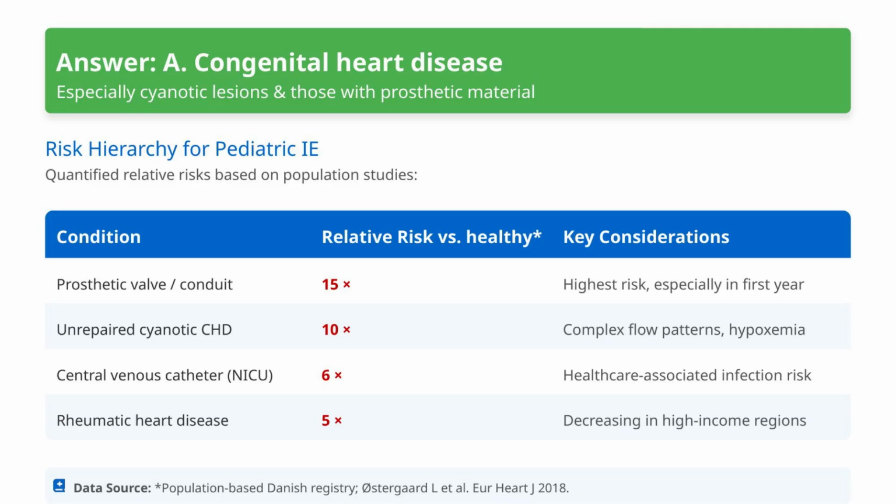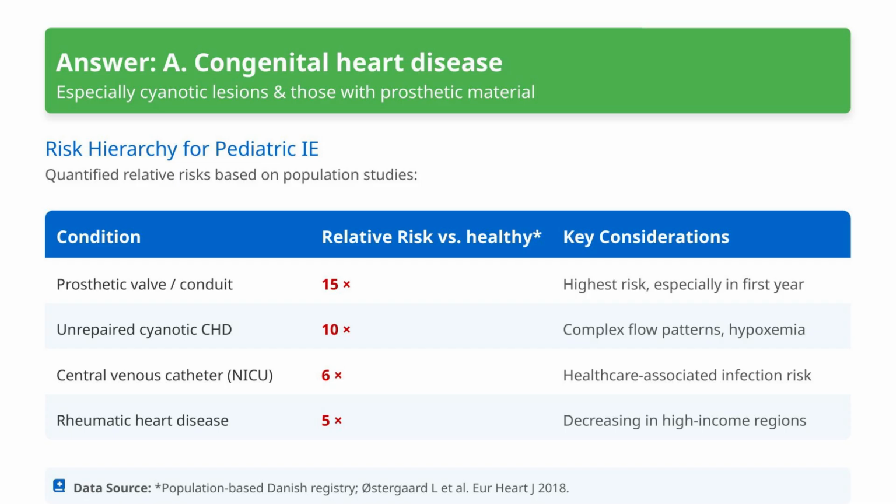The correct answer is A. Congenital heart disease, which carries the highest relative risk for pediatric infective endocarditis. According to population-based studies from the Danish registry, prosthetic valves or conduits increase the risk approximately 15 times compared to healthy children, making them the highest risk subgroup within congenital heart disease. Unrepaired cyanotic congenital heart defects carry about 10 times increased risk due to complex flow patterns and hypoxemia.